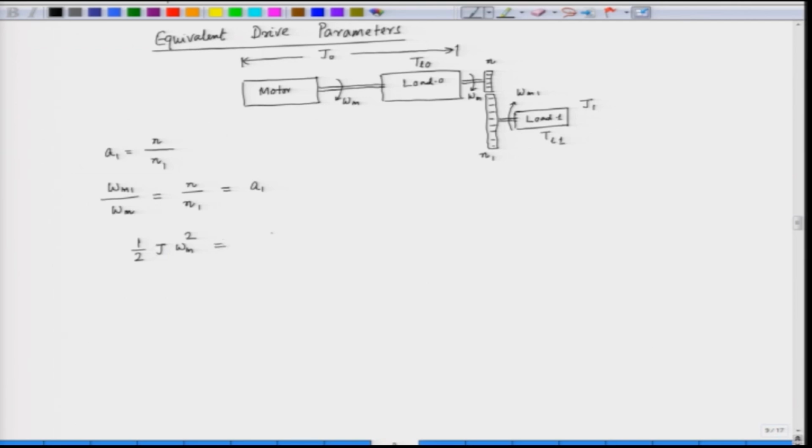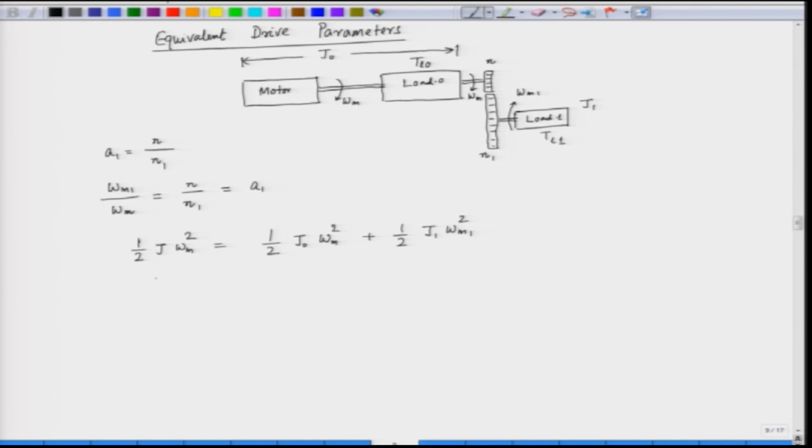That is equal to kinetic energy of the 0th part, that is half j naught omega m square, plus the kinetic energy of the second part, which is half j 1 into omega m 1 square. So, this is the equation which gives the kinetic energy of the entire system.